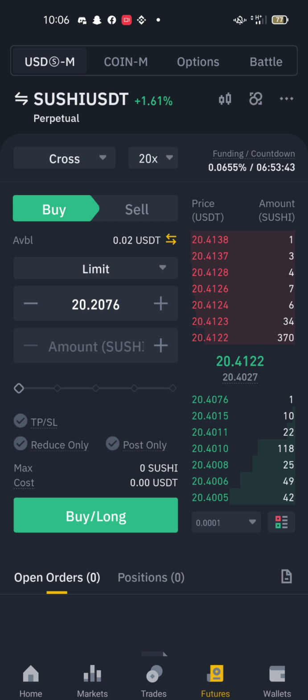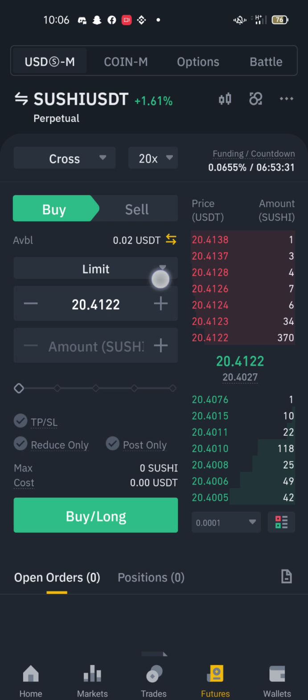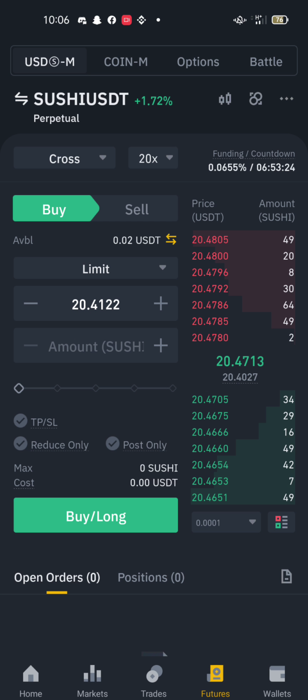Okay. The second thing I'll be talking about, which I've mentioned before, is never take a position for long or short on limit. Why? Because we often give positions higher than the current rate of that coin. For example, the signal for Sushi is at 20.6 and it's 20.4 now.